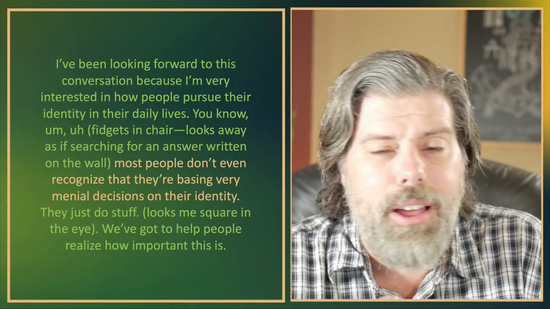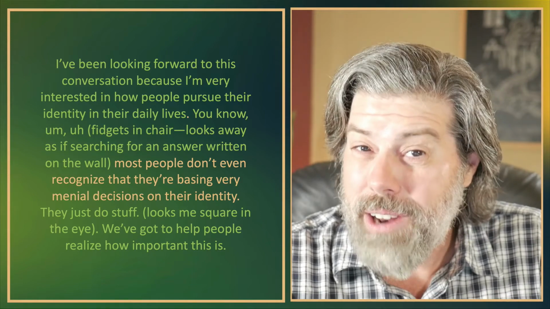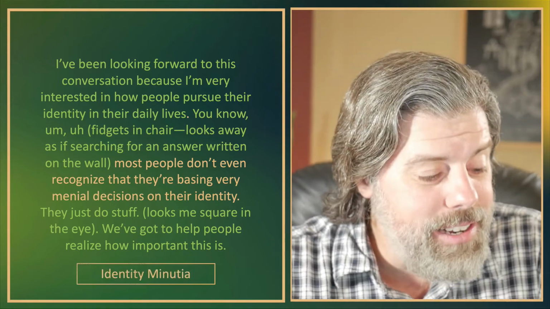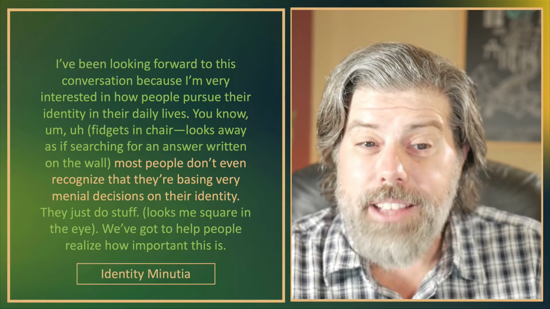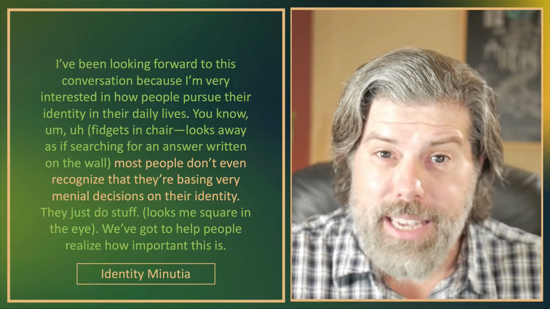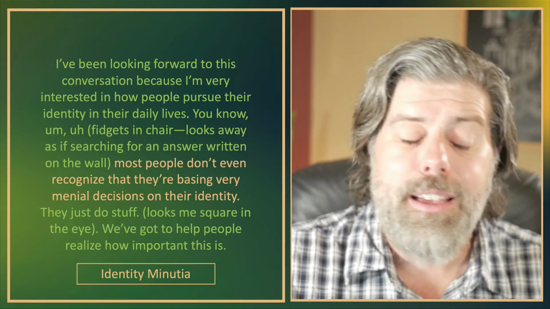And because we're talking about identity based on menial decisions, it kind of feels like a code I already have, identity minutia. And so I'm going to label this piece as identity minutia.